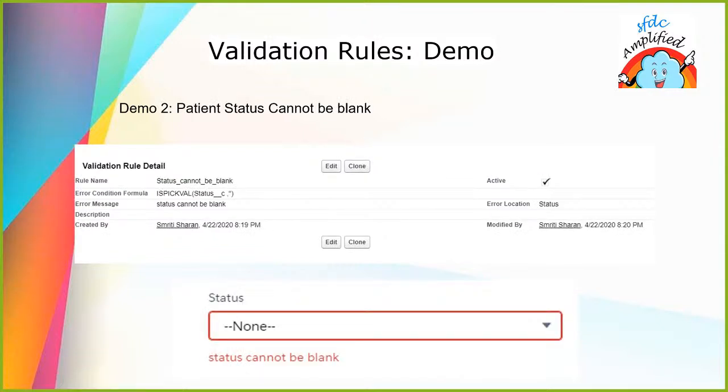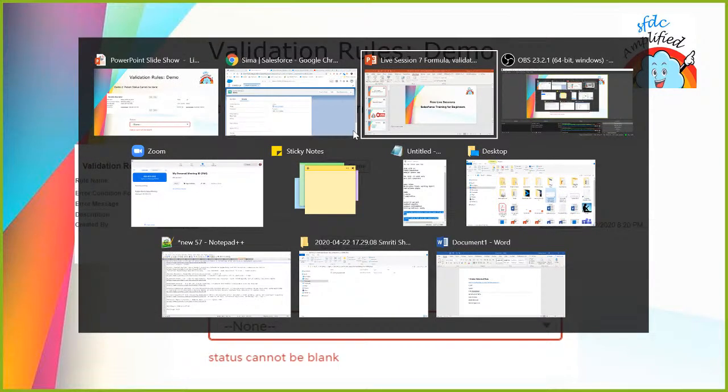Let's go a little more deep. So we have done so many pick lists. Let's utilize that knowledge here. For example, you want that the patient status which you created should not be blank. So how does that work? Let's see.